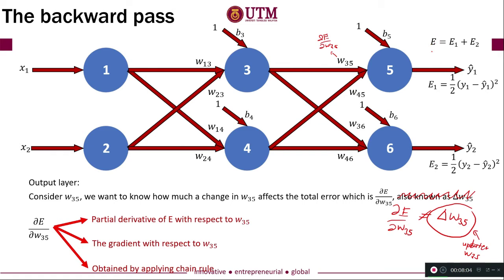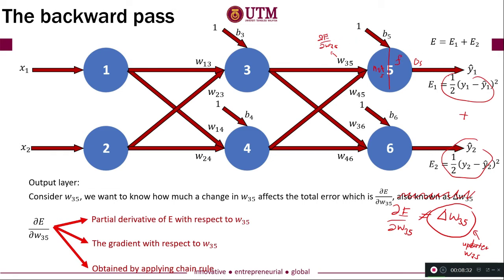Of course, the total error is this one plus this one. Here you remember that we have a net, this one is net 5, and this one is your y5. So of course we have the activation function there.